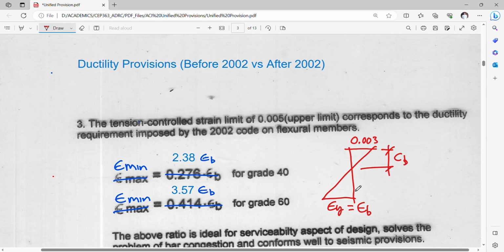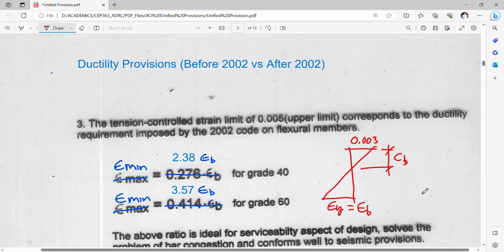So how do we therefore get the minimum, not the maximum? So there are some corrections here. The minimum epsilon such that the tension controlled strain limit will be defined. So we simply make use of a ratio and proportion here.